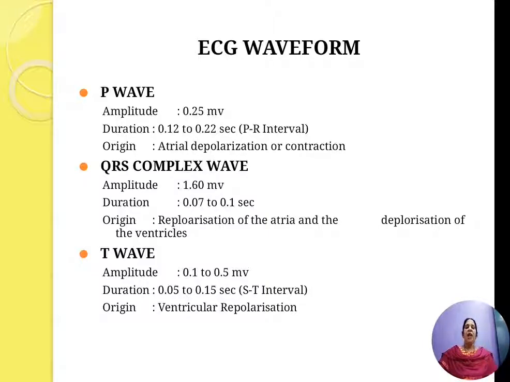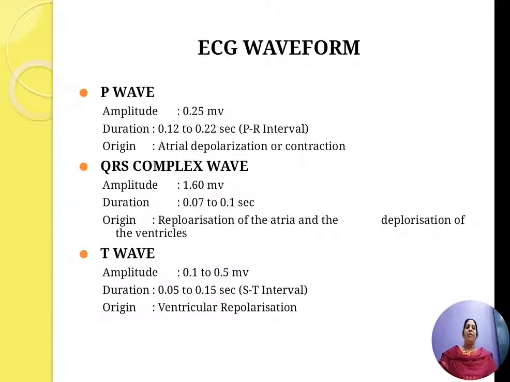The origin, the amplitude and the duration of the different waves in an ECG waveform are different. It depends upon the wave, whether it is the P wave, the QRS complex or the T wave. The origin of a P wave is atrial depolarization or contraction.